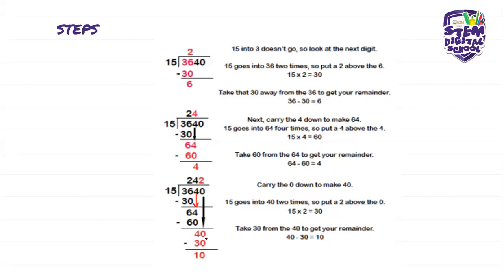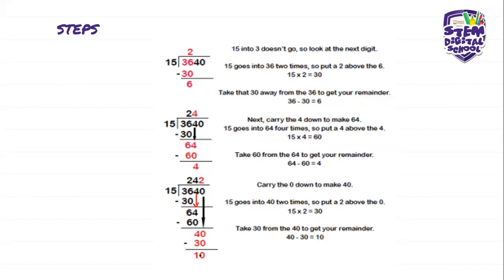The 40. And then what happens after that? We say 15 goes how many into 40? Which will be 2. And then it's 2 times 15 is 30. And then what? Then what do we do at the end? 40 minus 30, which will give us 10.